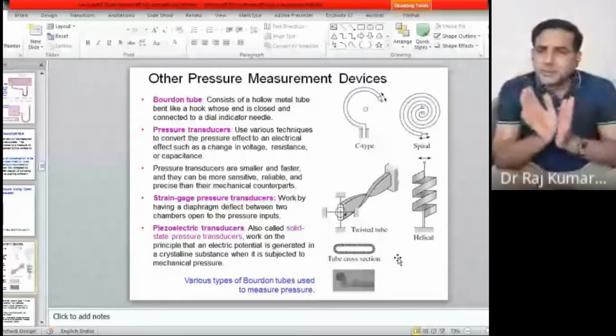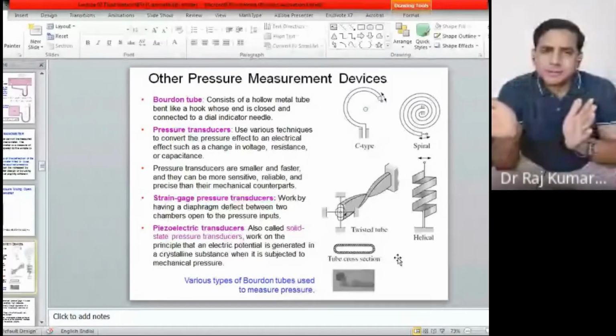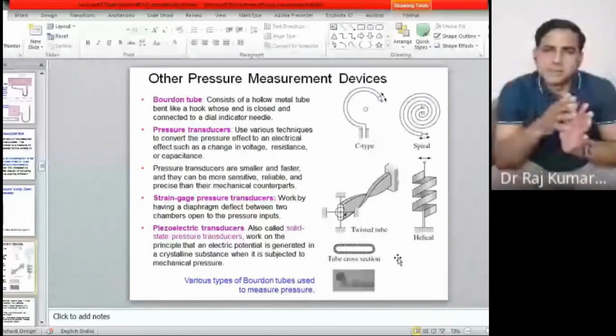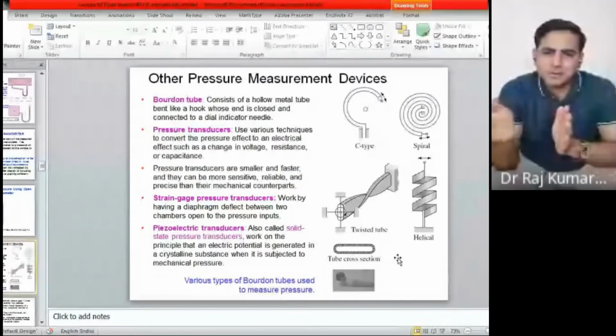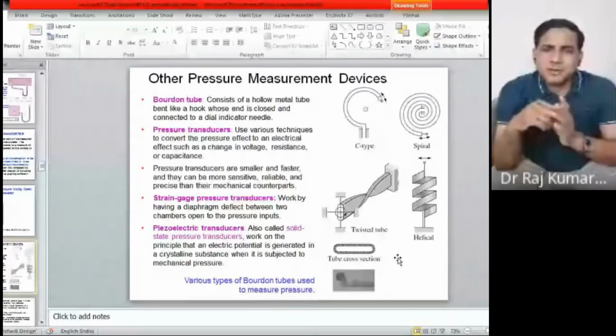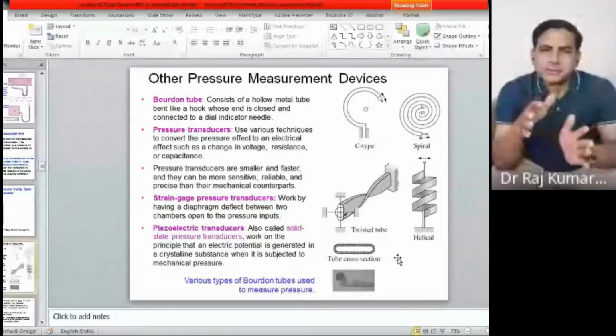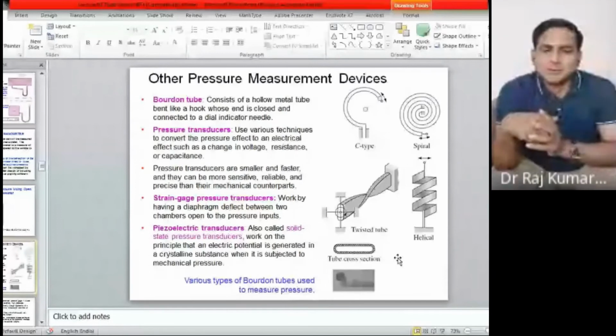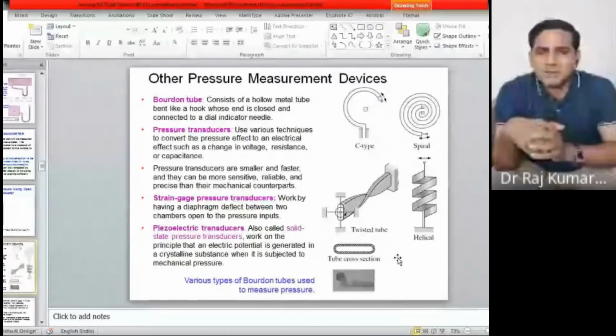You want to measure the pressure, but you are not directly getting the pressure. So somehow you are converting the pressure signal to some other signal. In all these cases, you are converting the signal to the physical deflection of the material. So when you are converting one physical variable to another physical variable, those devices are called what?